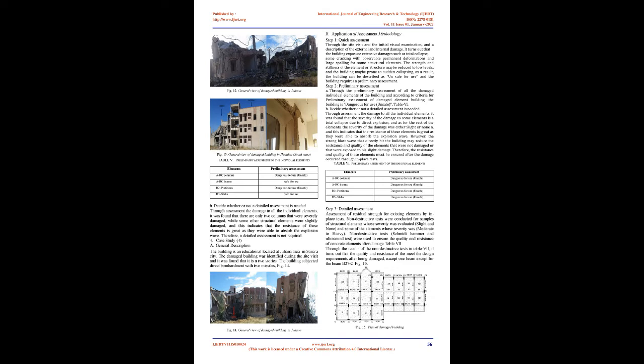The strength and stiffness of the element or structure were reduced to dangerously low levels, and the building may be prone to sudden collapse. As a result, the building can be described as unsafe for use, dangerous for use, and it is not possible to conduct a preliminary assessment because entering the building poses a danger because the structure is almost collapsed.